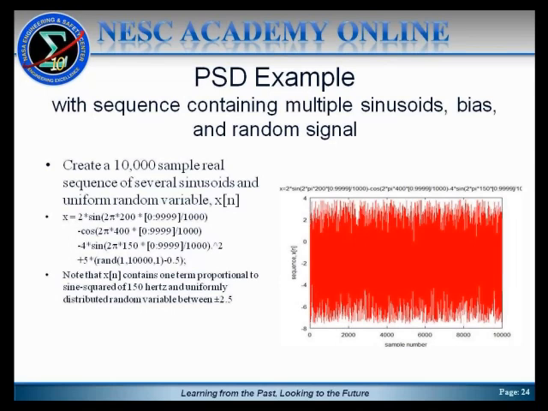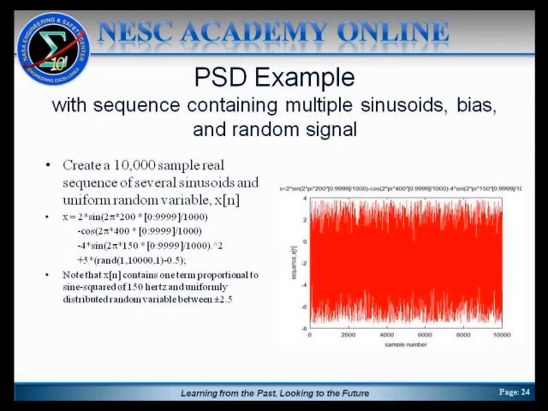The first one is an amplitude 2 sine function at 200 hertz and 10,000 samples. The second component is a unit amplitude cosine at a frequency of 400 hertz, again 10,000 samples. The third one is a unit 4 sine wave at 150 hertz squared.